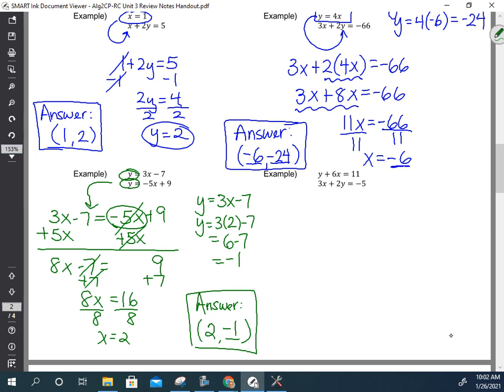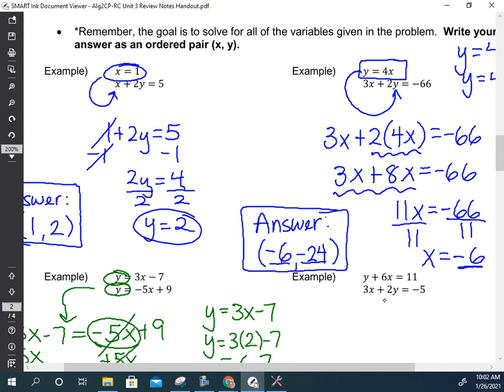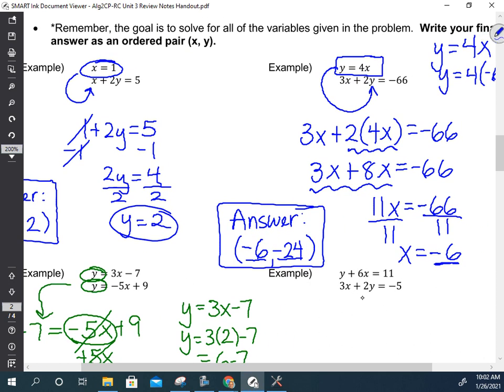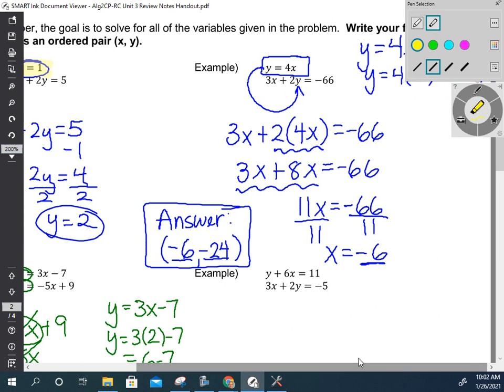All right, so the last example is what happens when you don't have a variable by itself. For the first example, you already had a variable by itself. For the second example, you already had something by itself.